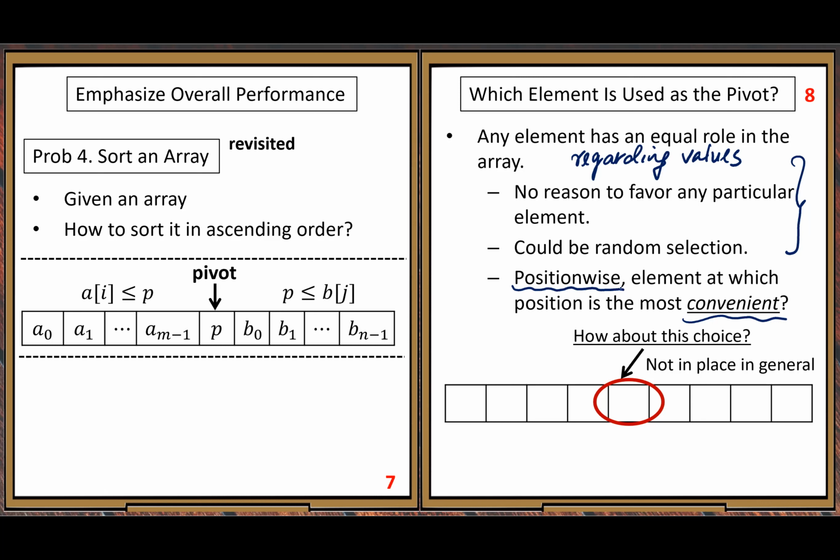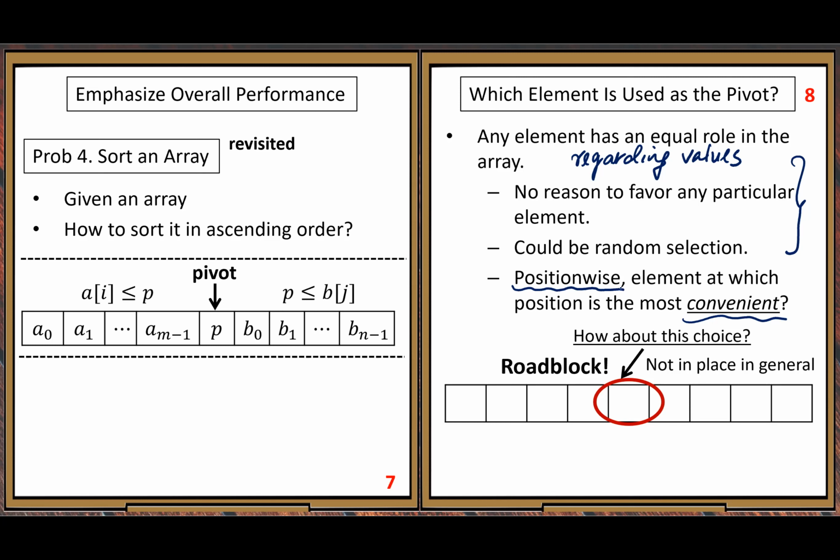How can you choose one element in the middle and it is in place? Nobody can do that. To be more realistic, you should assume this element is not in place. Then how do you make it in place?